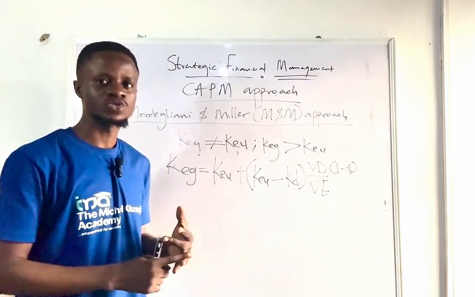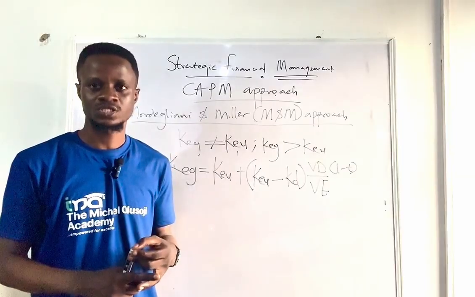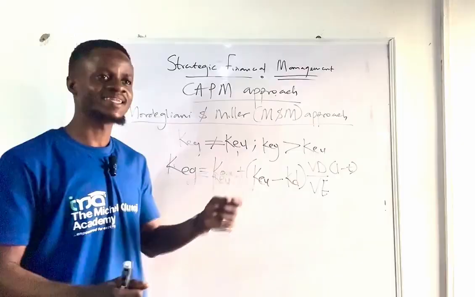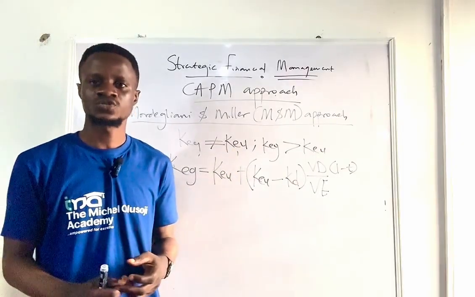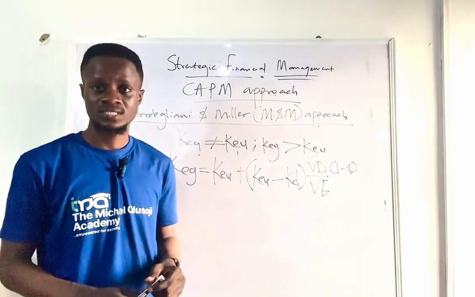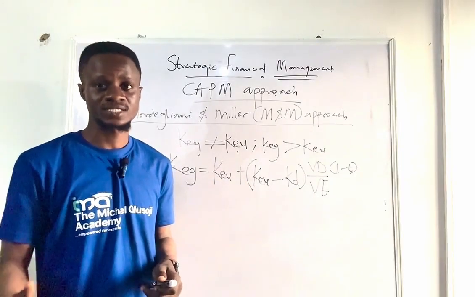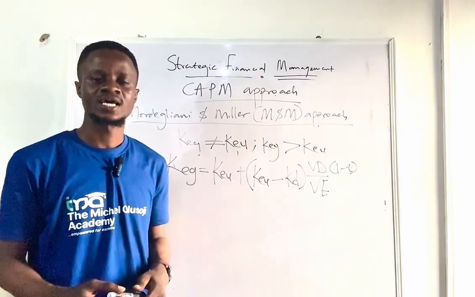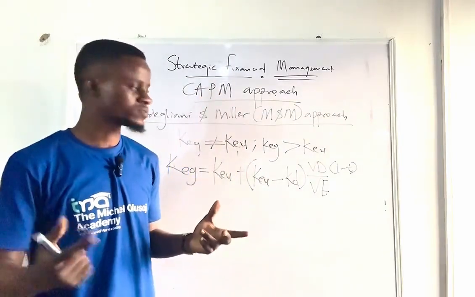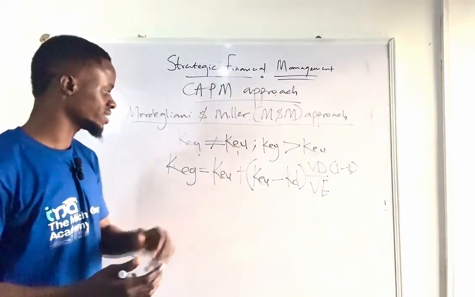CAPM relates to investment decisions, which consider risk and returns, and financing decisions relate to this one that's saying that raising money through debt financing has a significant effect on the market value of a company. So that is that.